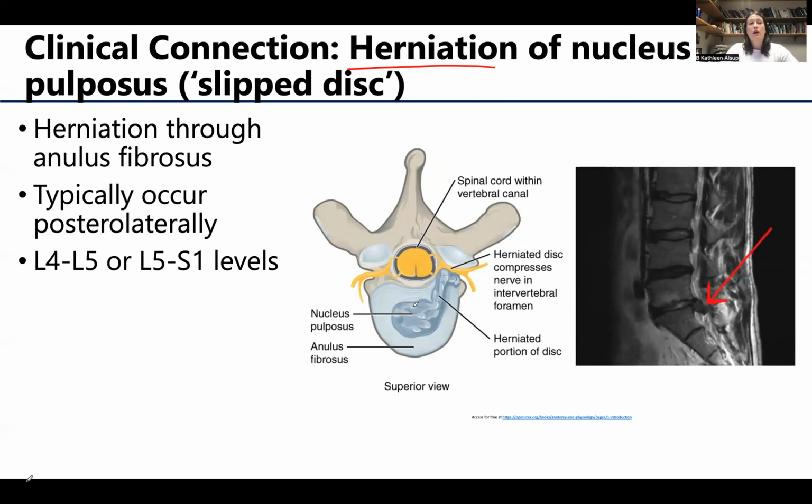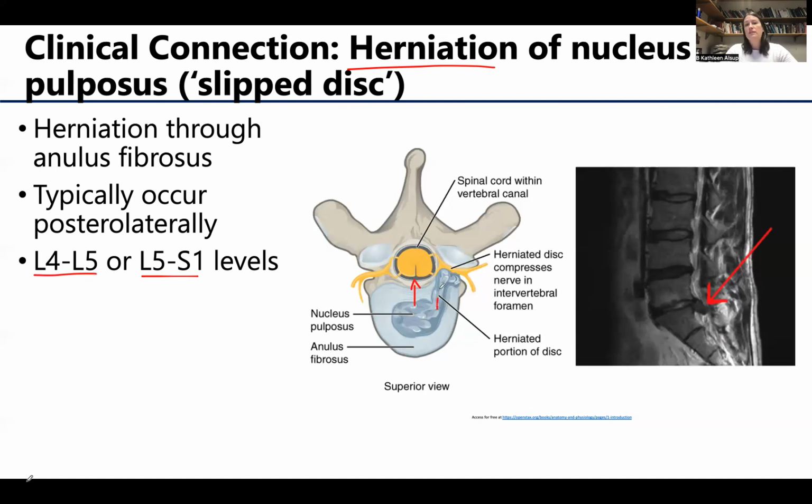So typically that herniation occurs posterolaterally, and often it can happen at any vertebral level, but generally it happens between the L4 and L5 vertebrae or between the L5 and S1. Those are the most common regions for those herniations. And as you can really see here, that has some pretty big implications. If it went straight posteriorly, that could herniate and impinge right on the spinal cord.